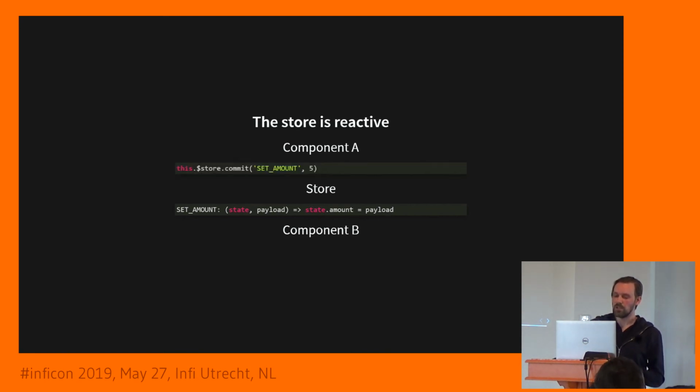You can trigger this mutation in component A by calling store.commit. And finally, in component B, you can just use a getter, and it will subscribe to the total price, which in turn subscribes to price and amount. So everything is reactive. It's very easy to do, and that's basically how it would work.